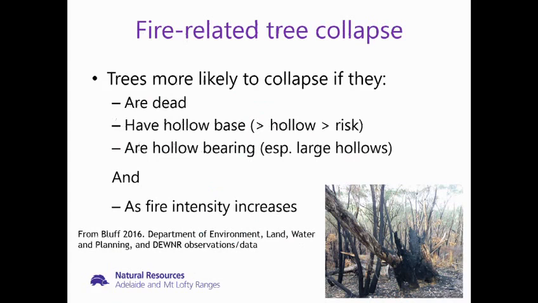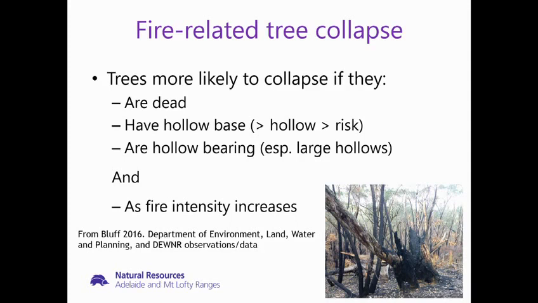Now, one of the things that Lucas was doing at the same time was measuring the various attributes of the trees to work out which trees are more susceptible to collapse. And his findings very much echo what we've been seeing during our prescribed burns, that trees are more likely to collapse if they are dead. If they have a hollow base, and the larger the size of that hollow in the base, the greater the risk.